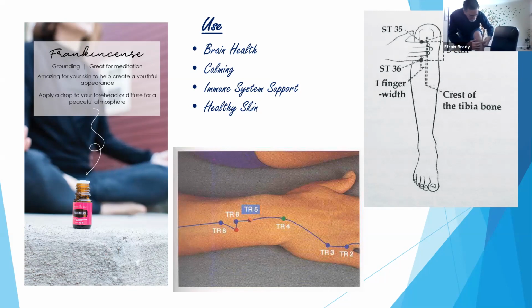Just locate the bone and do it on the outside part of the bone. This is my bone, and it's this area, 4 fingers below the kneecap. But you can use the whole area here. Okay, so that's that one. Wonderful.